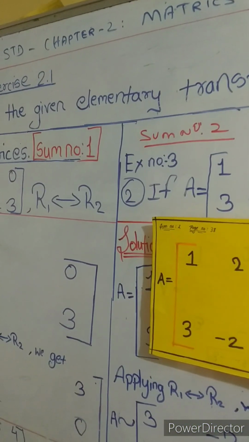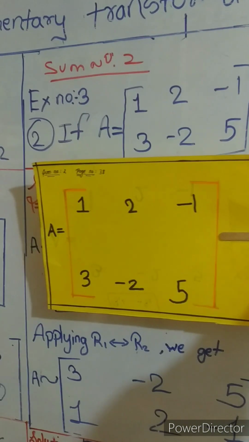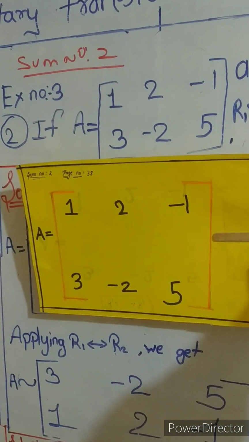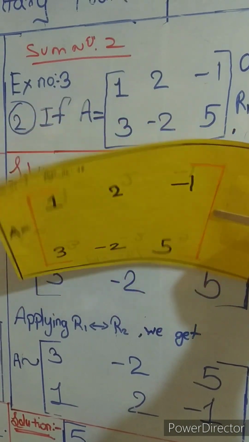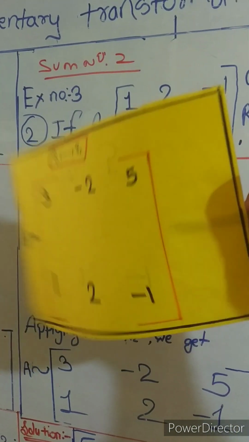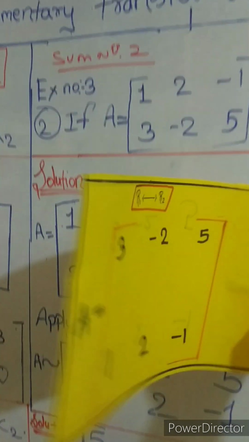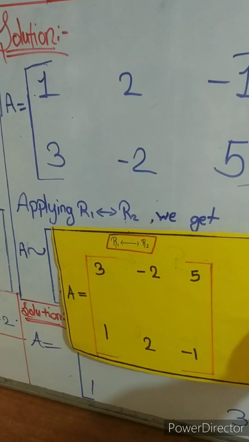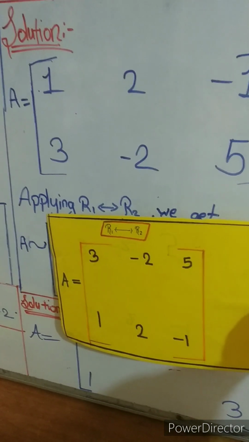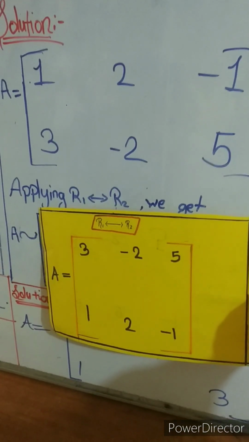See, this is the question, [1, 2, -1; 3, -2, 5]. Same like that we have to change rotations. Given below, applying R1 R2 we get [3, -2, 5; 1, 2, -1].